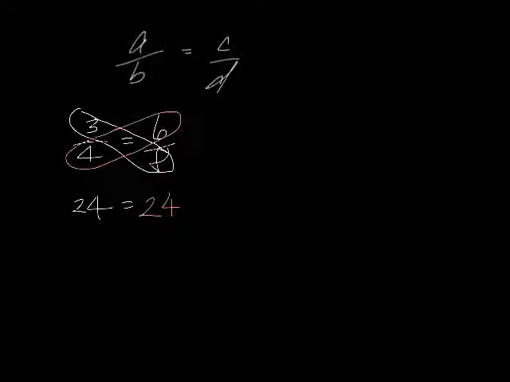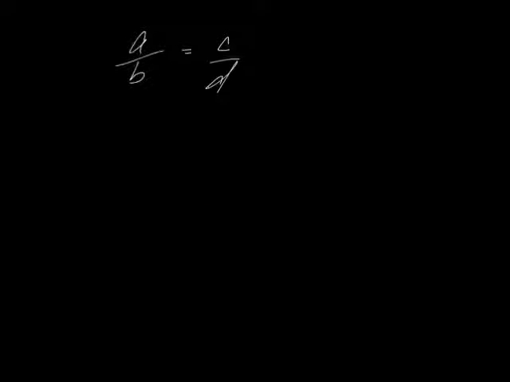And it does. So those are proportional because the means, multiply the means times the extremes, and you set that equal to the extremes, then you're going to have a proportion.